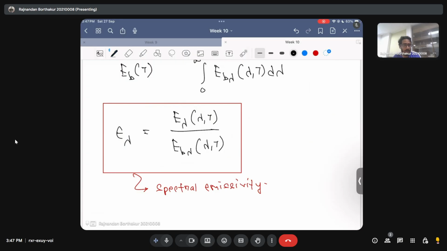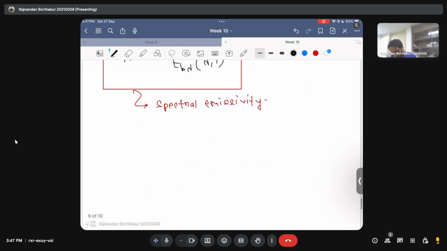That's why it becomes a spectral quantity, because whenever you say it's a spectral quantity, it's a function of wavelength. And in the same spirit, one can also define something known as the spectral directional emissivity.